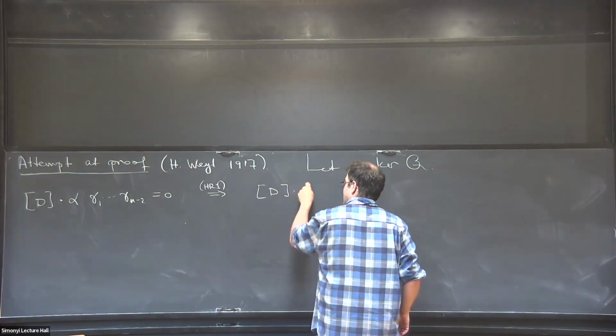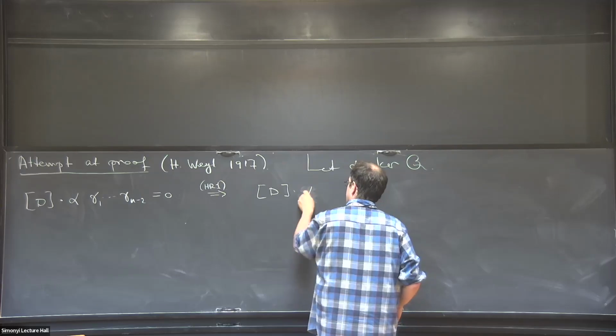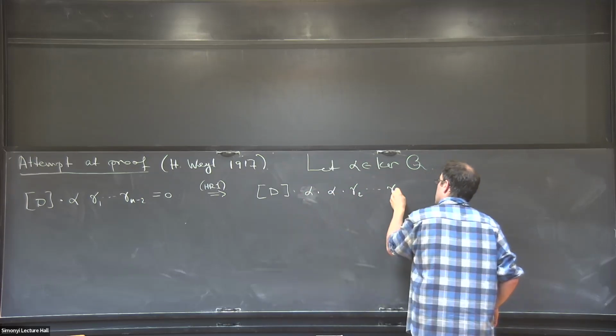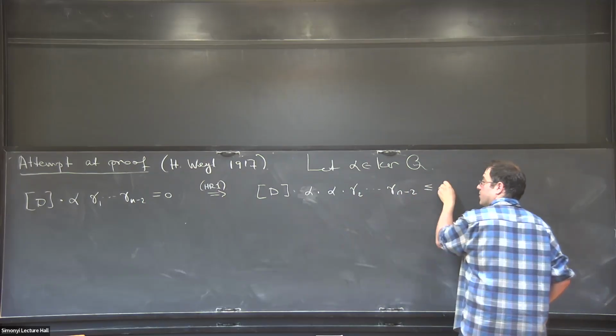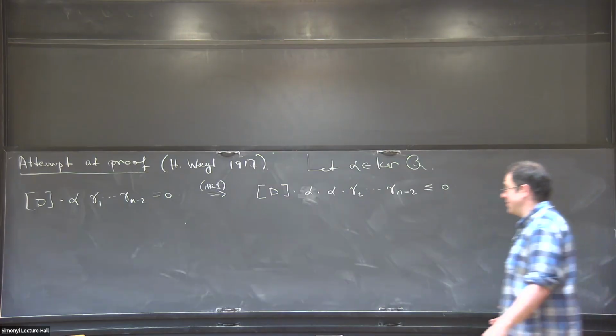So we should get that alpha dot gamma 2 through gamma n minus 2 is less or equal to 0. Good? It's not good actually, but we will see that as well.